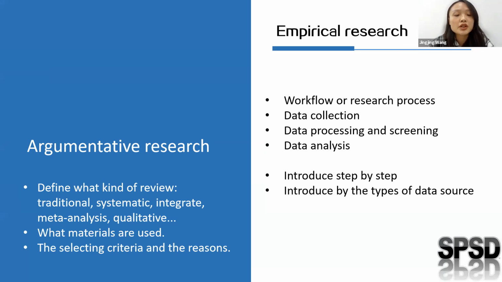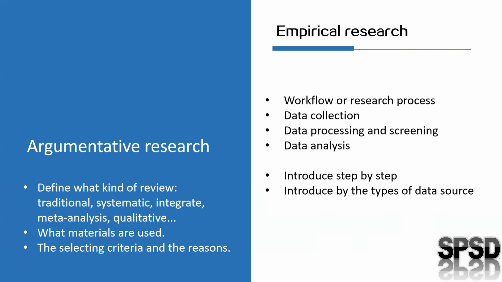Some people may not know what the methodology of an argumentative research is. Here I take a literature review as an example. Of course, review is the method you use. But what kind of review should be defined. It is a systematic one, an integrative review, or a meta-analysis review like this. And then what materials are used in the review should be defined.